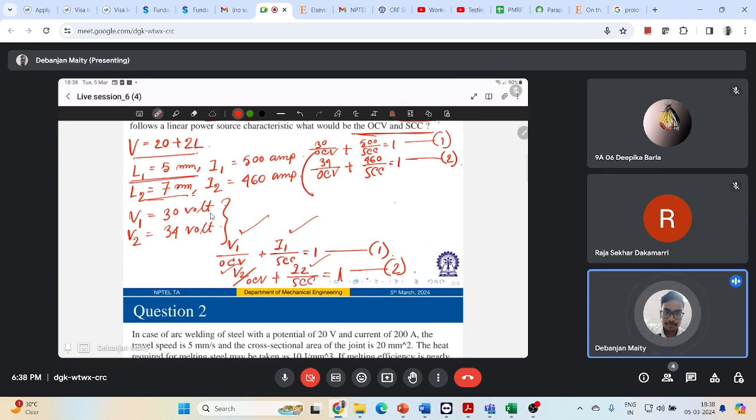So from here I can get that OCV by 30 equals 1 minus 500 by SCC. So SCC will come up. Are you agreed till this?